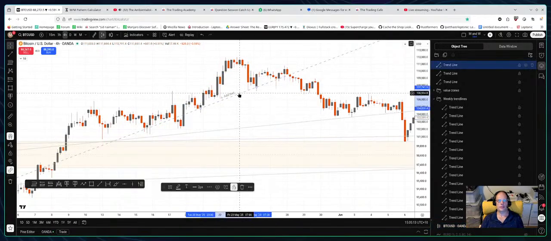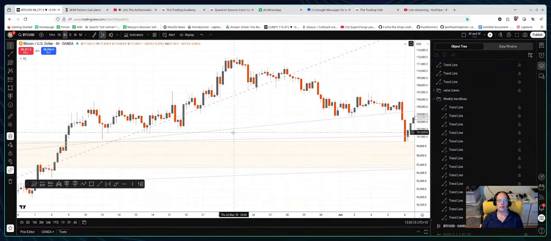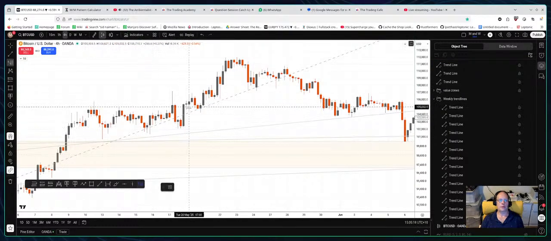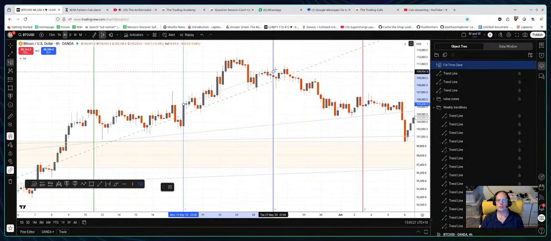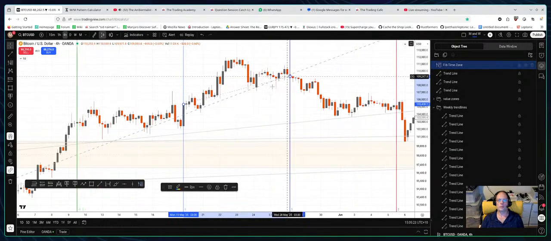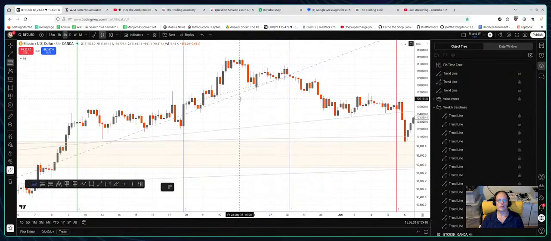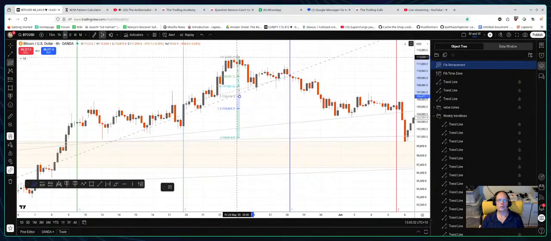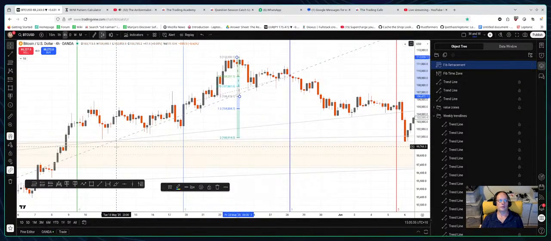38 bars, that's legit. And I'll do all the measurements to make sure it actually matches the rules. So that's the beginning, that's the end, and the target is there.